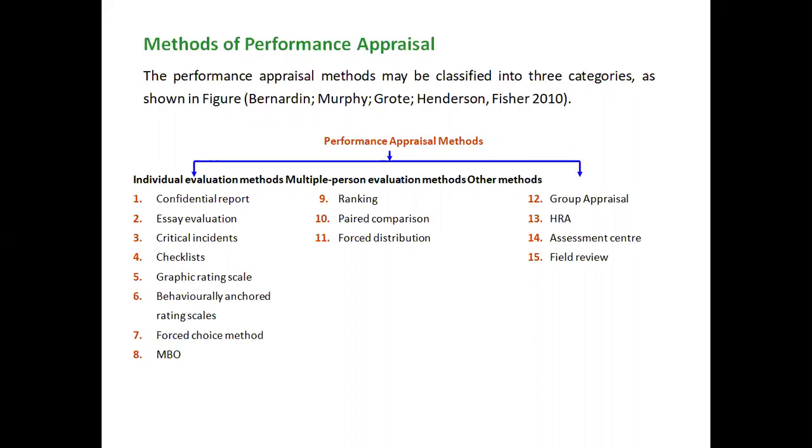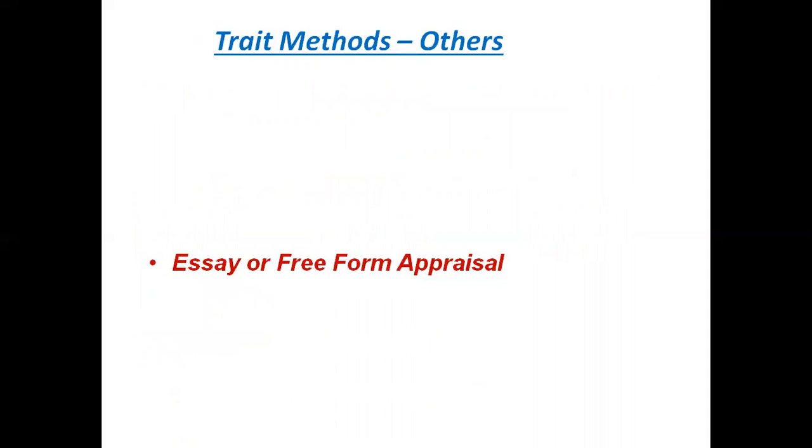Second is essay evaluation. The rater is asked to express the strong as well as weak points of the employee's behavior. It is normally used in combination with the graphic rating scale because the rater can elaborately present the scale by substantiating an explanation for his rating.